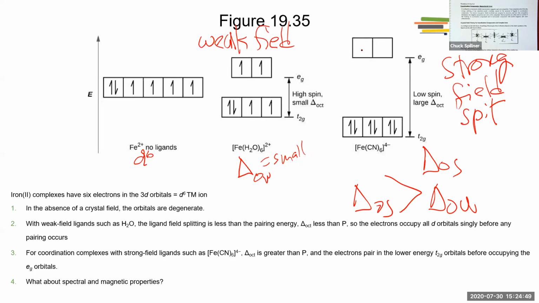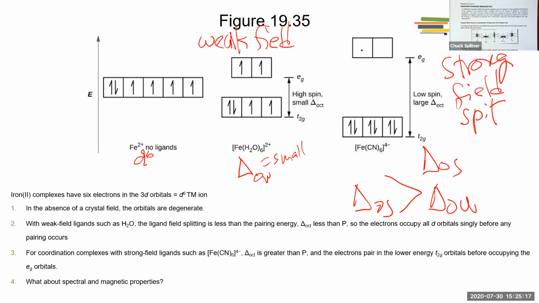And there's another energy going on, and that's called pairing energy. There's an energy cost to pair up the electrons because, of course, they both have negative charges and they repel each other. And so if the pairing energy is greater than the delta, then you're going to go into each individual orbital before you pair.